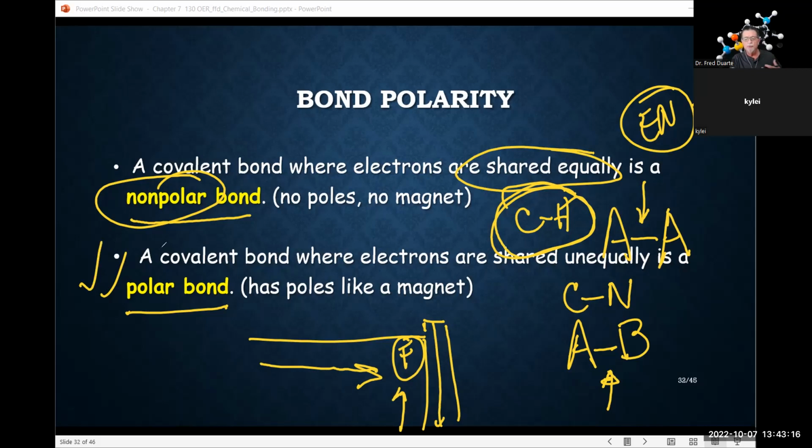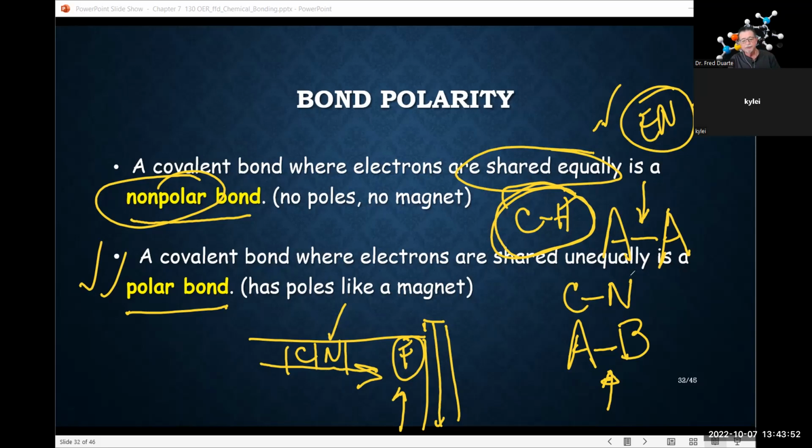Now the question is, who's winning the tug of war? Then we go to the electronegativity of each one, carbon and nitrogen. We don't have to memorize it. We just look at the periodic table and see that carbon is about right here and nitrogen is about right here. That means nitrogen is closer to fluorine than carbon is, so nitrogen has a higher electronegativity than carbon, and therefore nitrogen pulls the electron density of that bond toward itself.